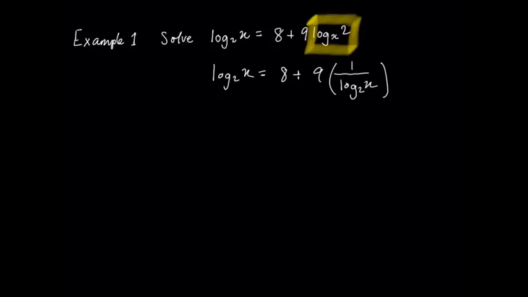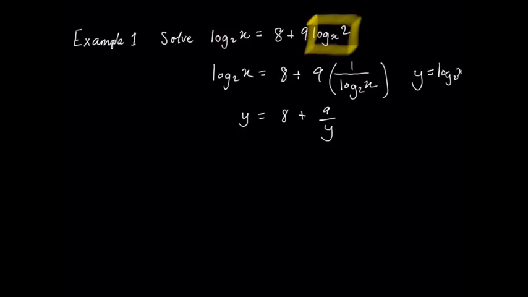Having done this, we can now make a substitution, and we'll let y equal log to the base 2 of x. So y will equal 8 plus 9 over y.